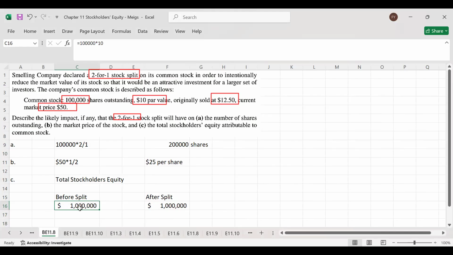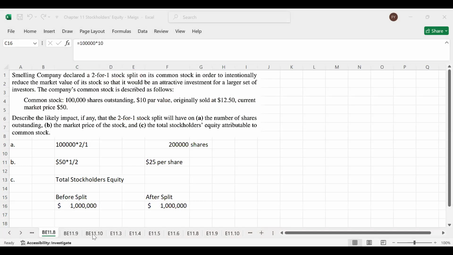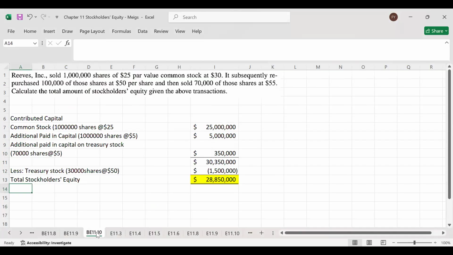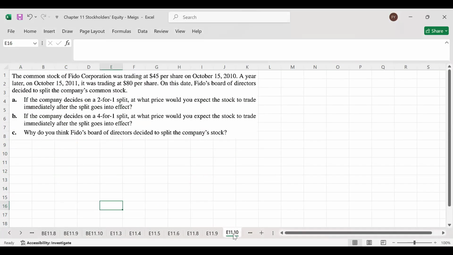The next exercise which we are going to cover in this lecture is exercise 11.10.